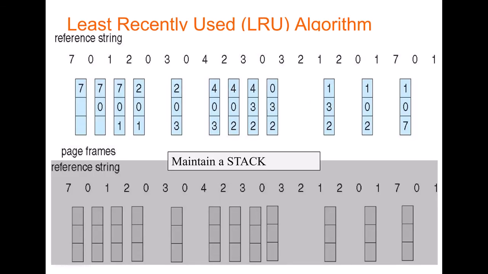Okay, so let's look at these two algorithms, the counter-based algorithm and the stack-based implementation, because in the next assignment, second part of the assignment, you will be asked to implement an LRU algorithm. You can either implement this one or the clock-based one that we are going to discuss in a second.